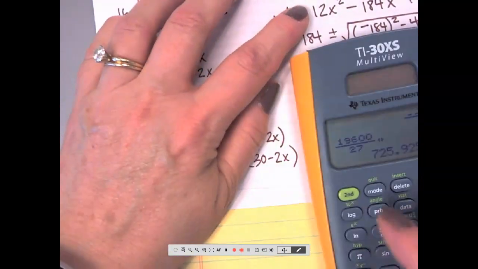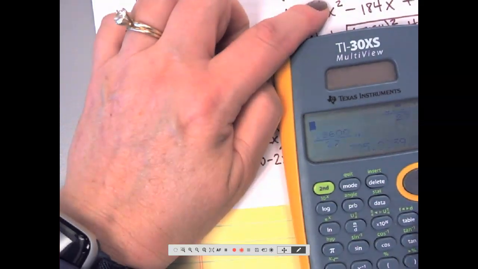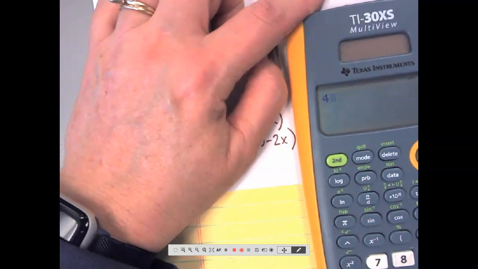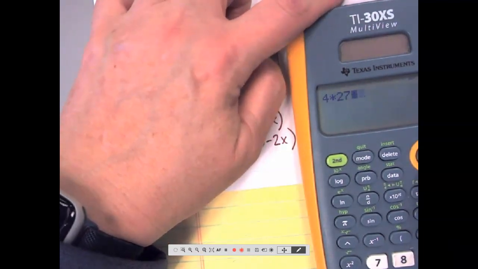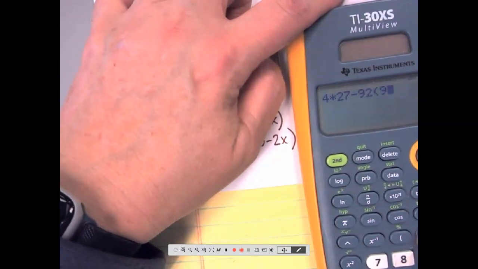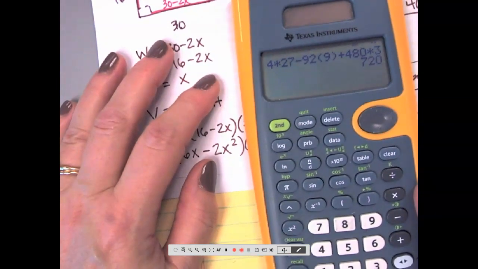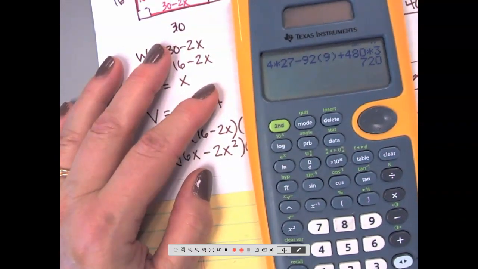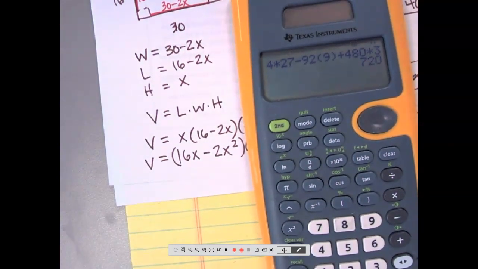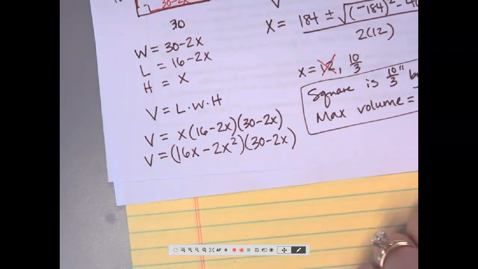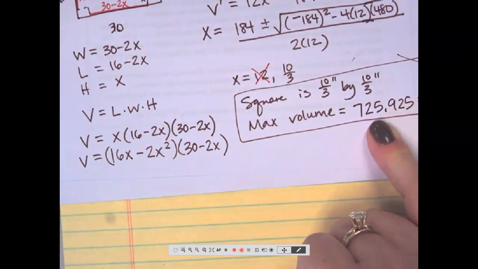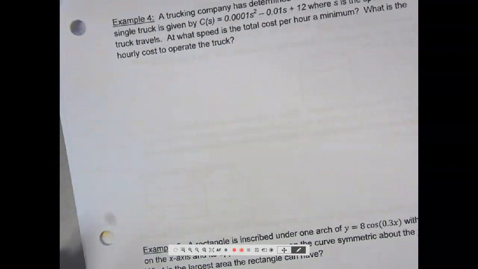Let's say we cut a 3-inch square. 3 times 3 cubed is 27, minus 92 times 3 squared is 9, plus 480 times 3. That's my volume. Ooh, it's close, but it is smaller. There are all kinds of other size squares we could cut, but they would not exceed this volume. It does seem too simple to be accurate, but it is.